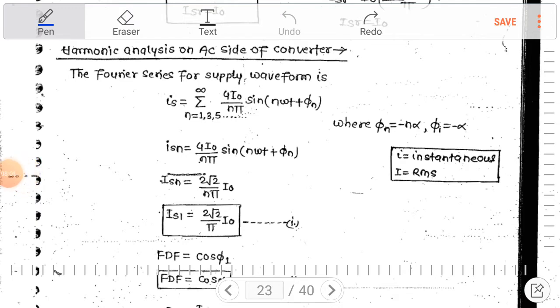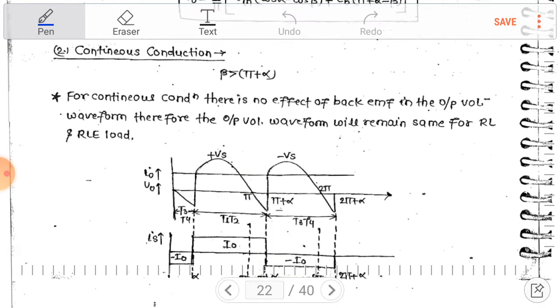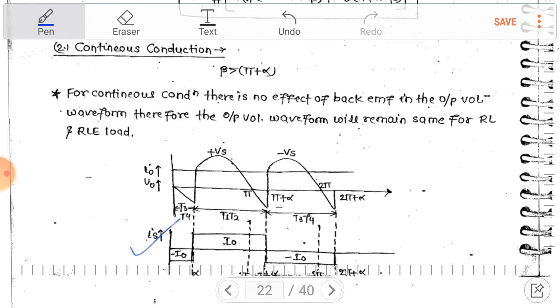Harmonic analysis of the AC side of the converter is done by using the Fourier series of the supply current waveform. This is the supply current waveform. We will take the Fourier series.